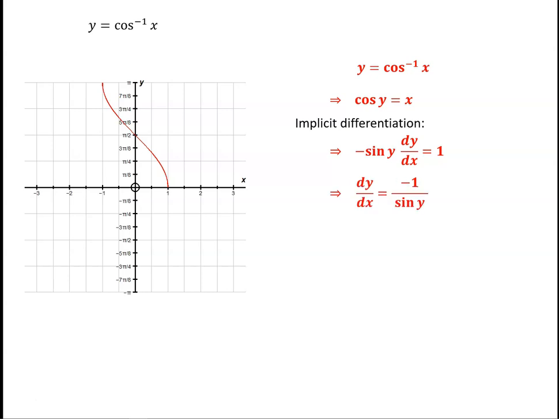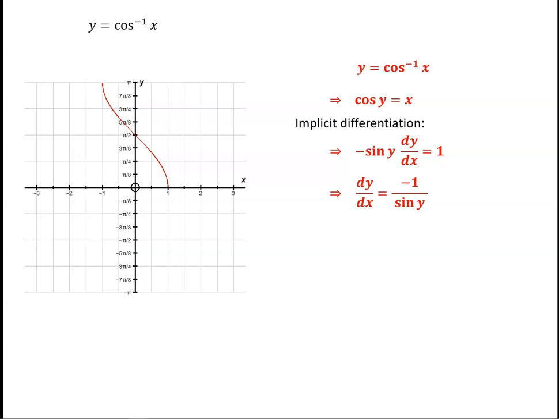Which means that dy by dx is minus 1 over sine y. Now again, we want to get rid of dy by dx being in terms of y and obtain an expression for dy by dx in terms of x.